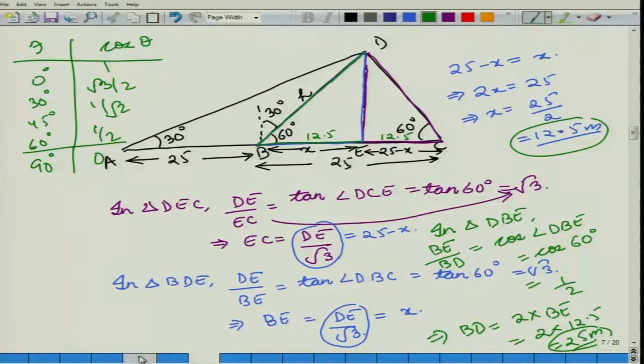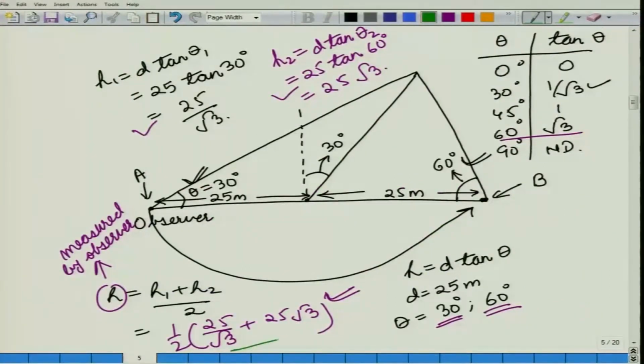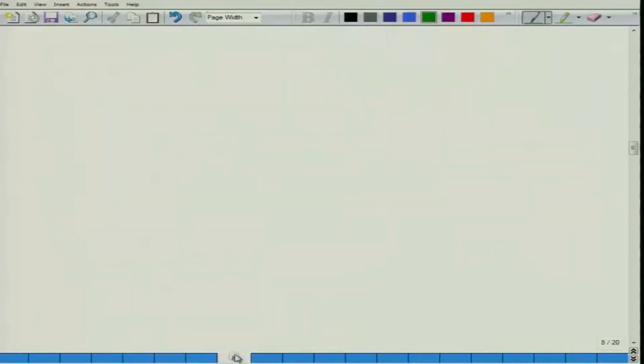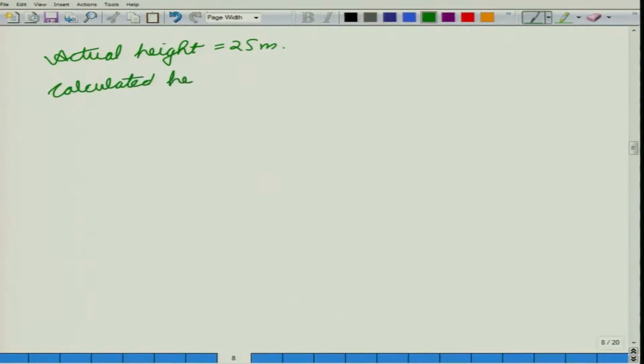But what did the logger measure the height of the tree to be? He calculated it to be half of 25 by root 3 plus 25 root 3. So, we have actual height is 25 meters and the calculated height is equal to half of 25 root 3 plus 25 by root 3.